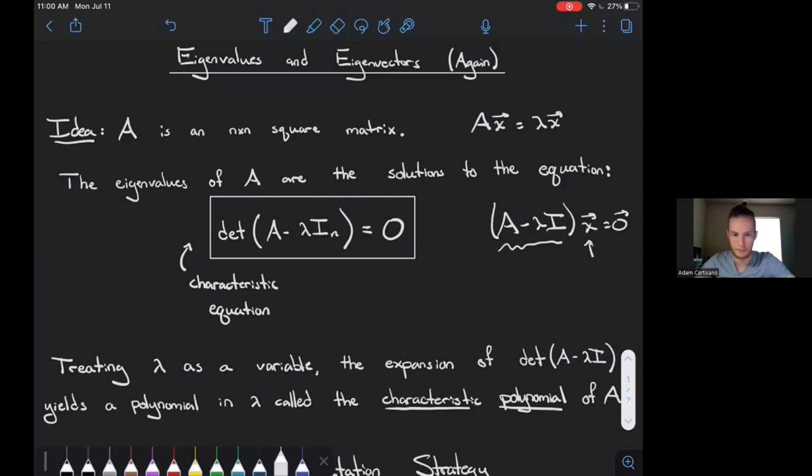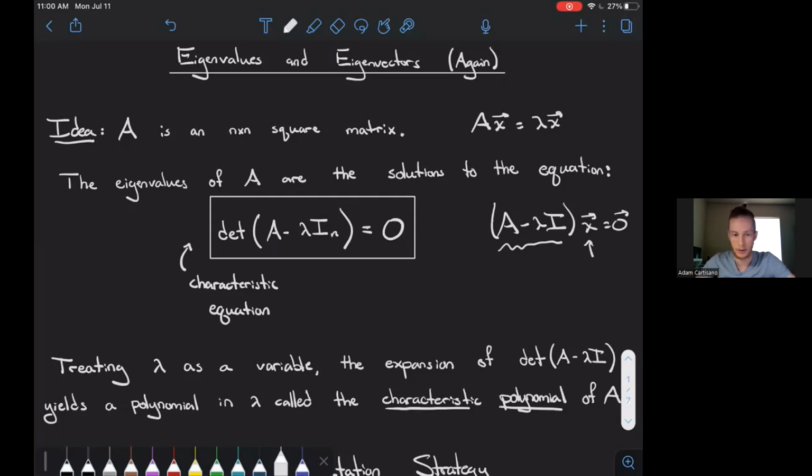And so we arrive at this equation called the characteristic equation, which is: we set the determinant of A minus lambda I, where I is the n by n identity, equal to zero. That is the characteristic equation for a matrix.